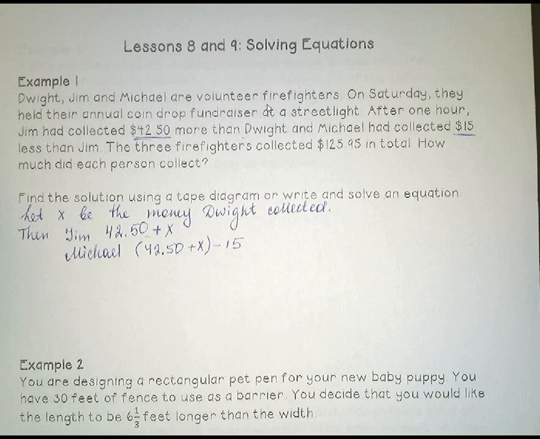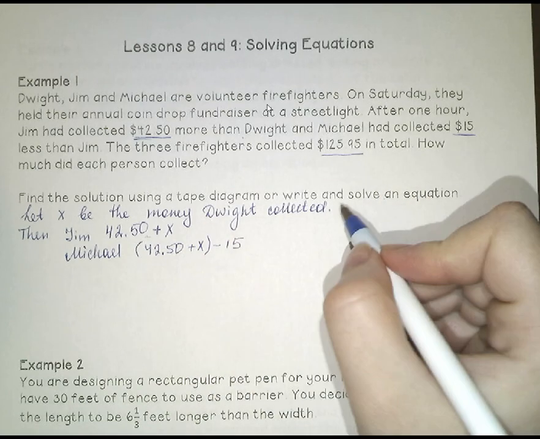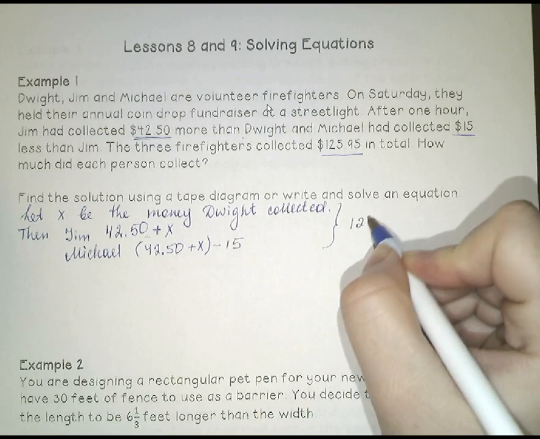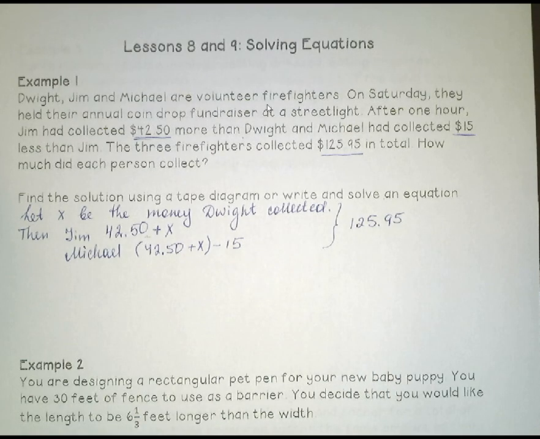Okay. In total, they collected $125.95. So if I add all of these together, it's going to be $125.95. All we need to do is to put that in the equation and solve for X. And that way we will find out how much Dwight collected. And from there, we will find out the rest of it.